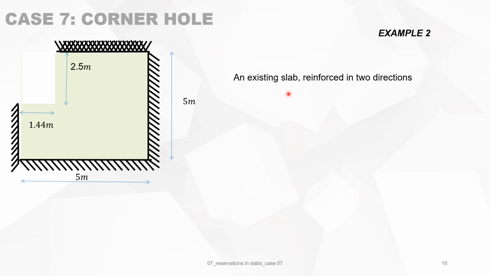Now this time it's an existing slab reinforced in two directions, top and bottom also. And then we ask ourselves, is it okay to make a reservation in the corner by 2.5 times 1.4 millimeter? We do not know the original load that was used to calculate the existing reinforcement.